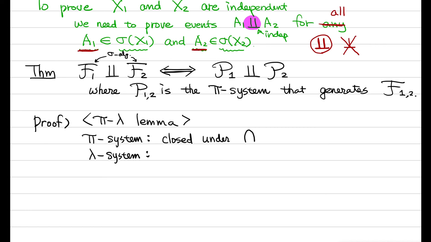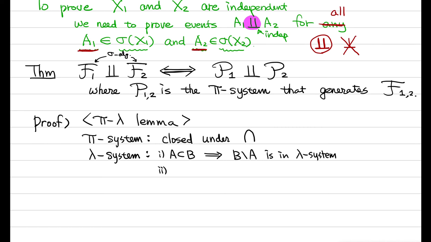First, the full set must be there, or the empty set must be there, but that's trivial to check usually. The important part is if there are two sets, one belonging to the other. Let's say events A and B, where A belongs to B. If both are in the lambda system, then B minus A is also in the lambda system.